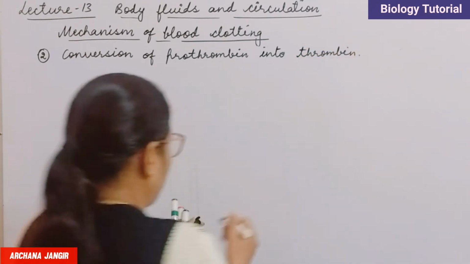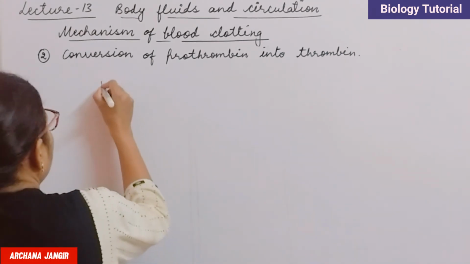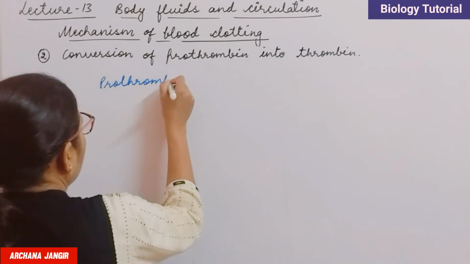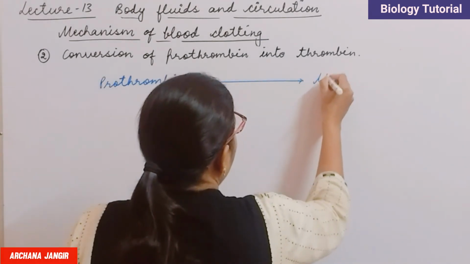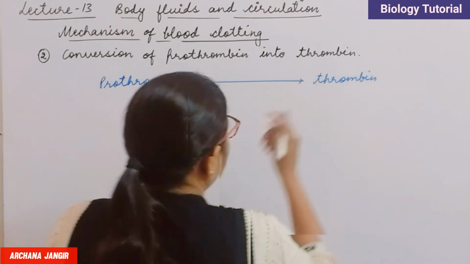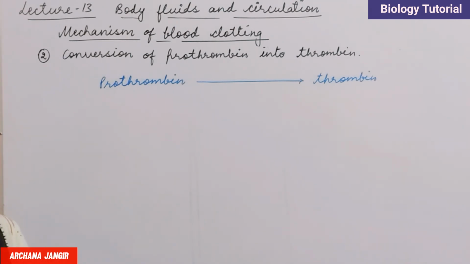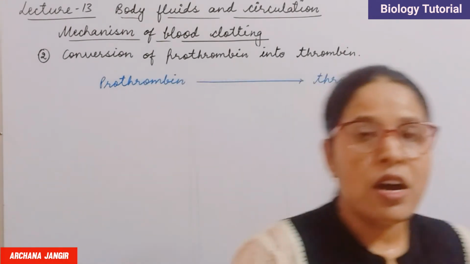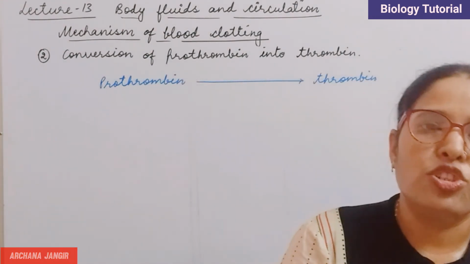Here, so what will happen? The inactivated prothrombin is converted into activated thrombin, and the substance which triggered the reaction is prothrombin activator formed during the first reaction, and one more thing, that is calcium ion.